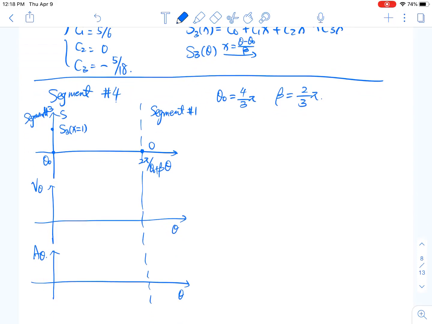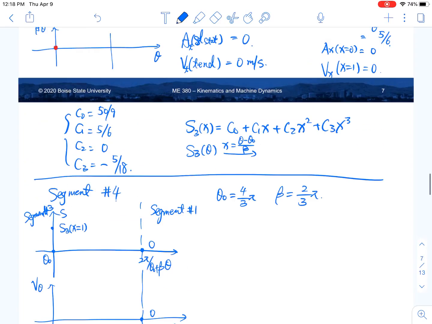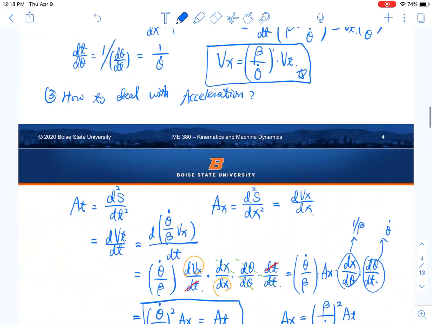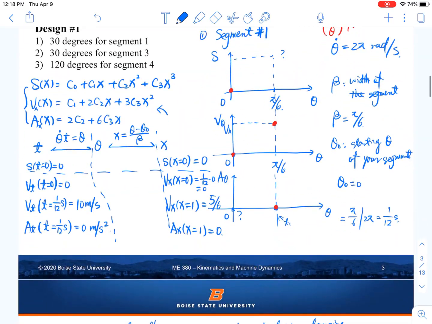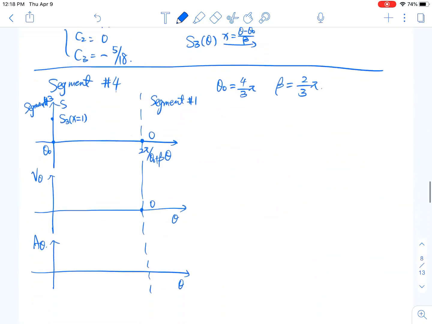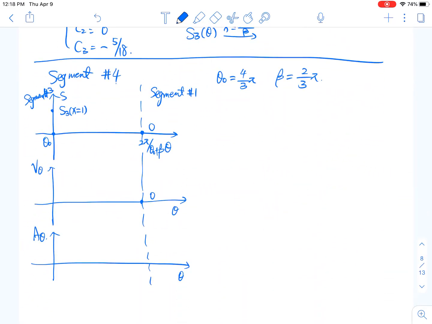And then the velocity should also be 0, because that's the zero velocity we're getting. And then because it's 0, you can directly transfer it between different domains or between different segments.